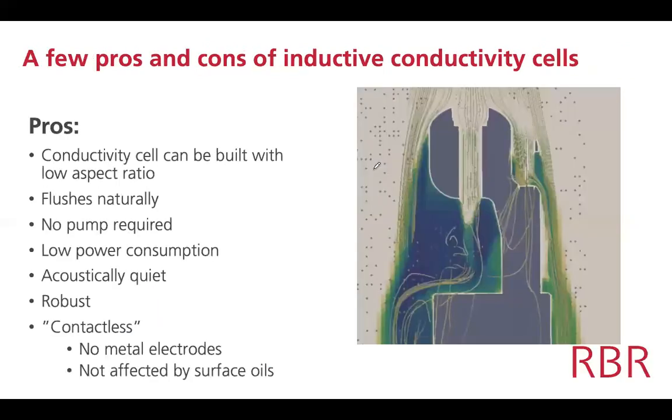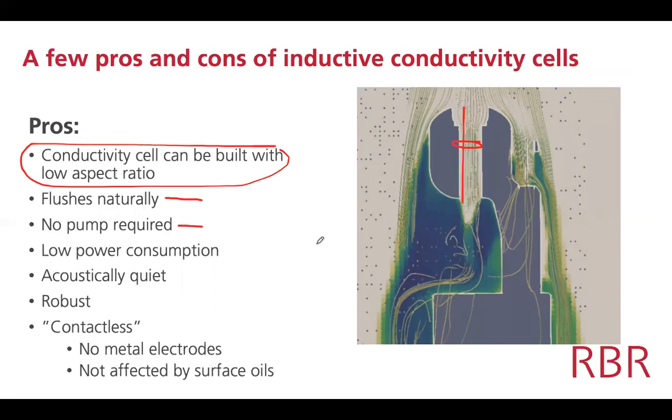This technology has some advantages and disadvantages. We'll start with the pros. You can build these with a low aspect ratio, and that just means that the hole within the cell through which seawater passes can be relatively large compared to the length. What this means is that the cell flushes naturally, and the consequence of that is we don't require a pump.